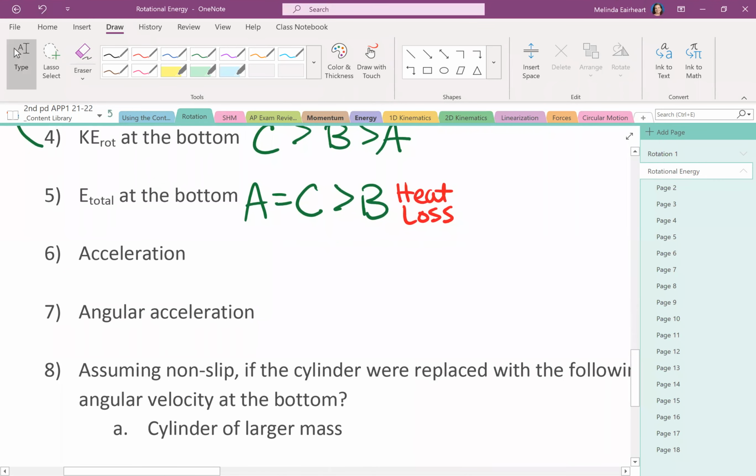Now for acceleration and angular acceleration, yes, we can now go to kinematics, or we just kind of go back to forces and torque. So this is kind of old. And so who's going to have the greatest linear acceleration? Well, that would be the forces bringing us down. And so if we think about the forces, A, the net force was your mg sine theta.